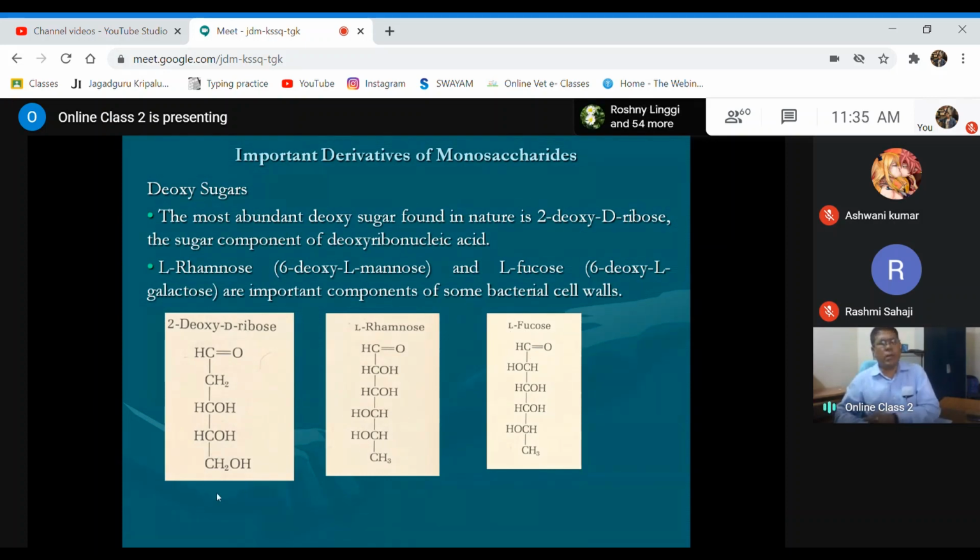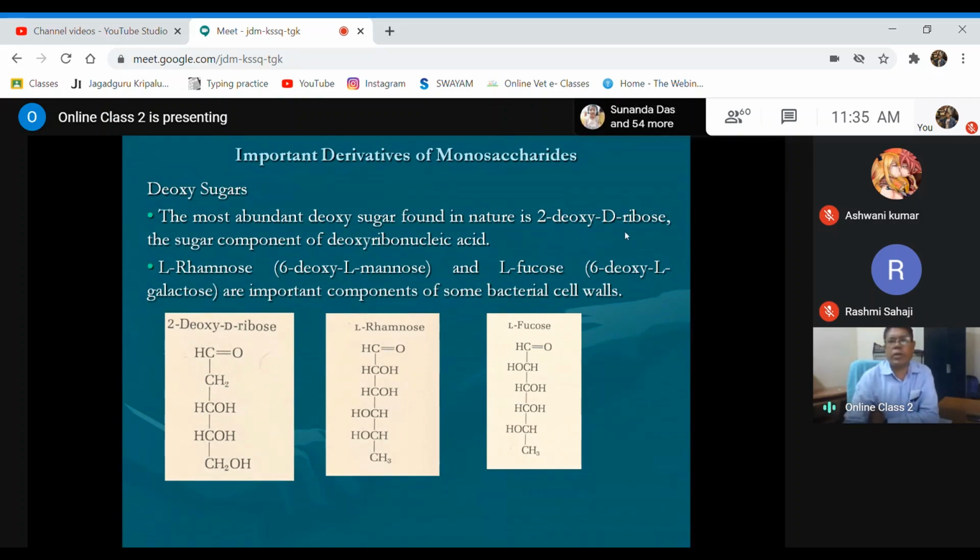Okay, next are the deoxy sugars. The name suggests that deoxy means lacking an oxygen. An oxygen is lacking from these sugars. The most abundant deoxy sugar found in nature is 2-deoxy-D-ribose.